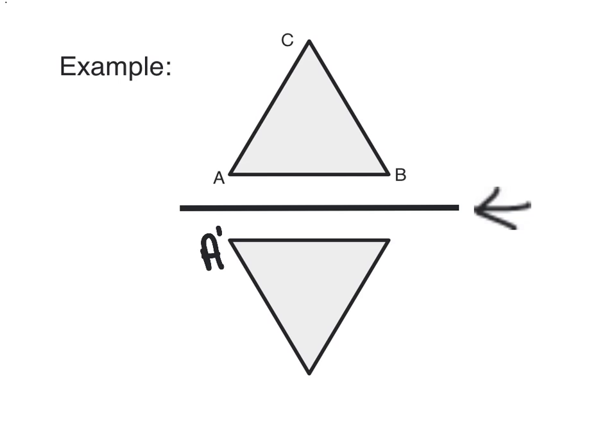I'm going to look at B the same way. It's going to maintain the same distance away from that line of reflection. So this corner point here would become B prime, which would leave C prime as being my point on the bottom. And if you were to find the distance between this top point of C and the line of reflection, it would be the same distance down to C prime.